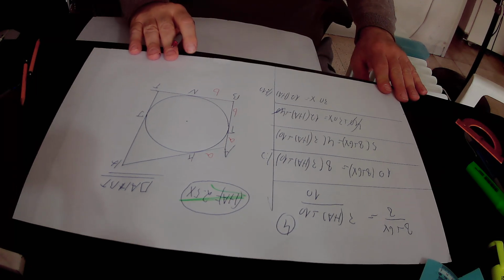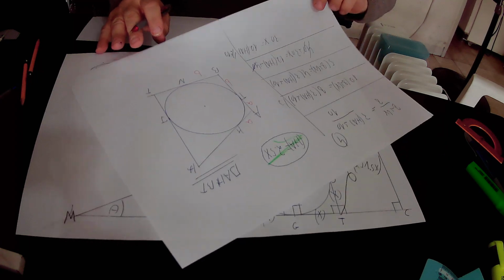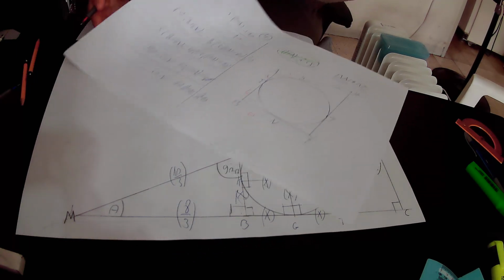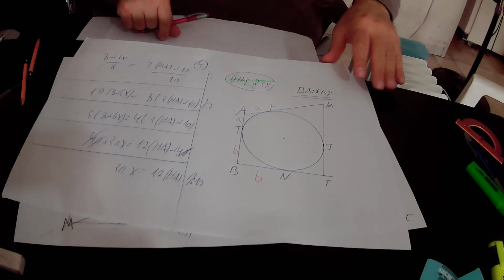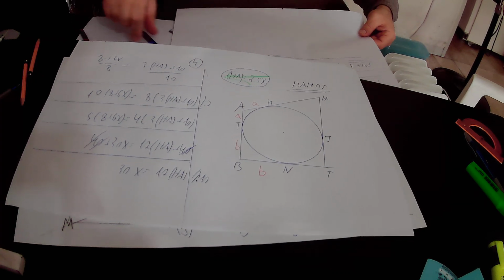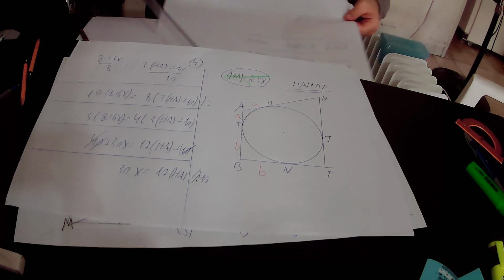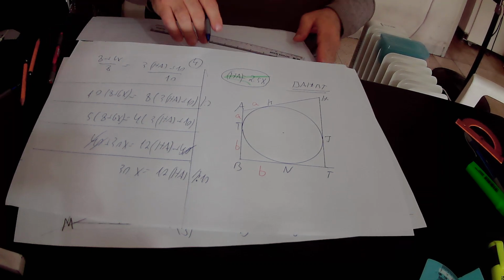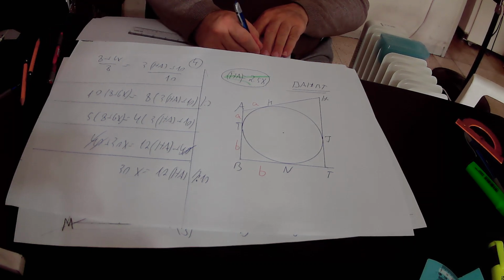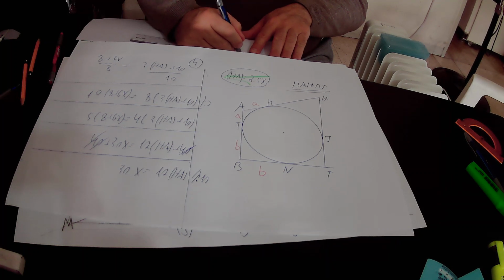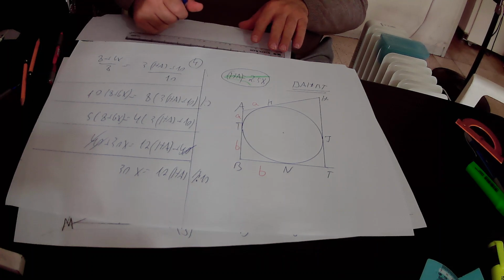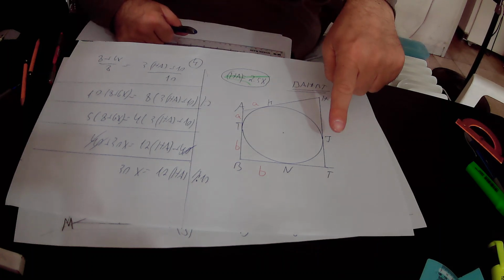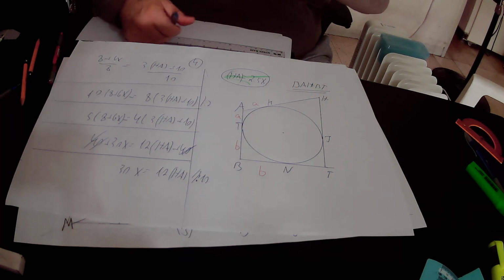In the next step, we will focus on the common external point, point T. From point T, we have two tangents to this circle, tangent TN and tangent TJ.